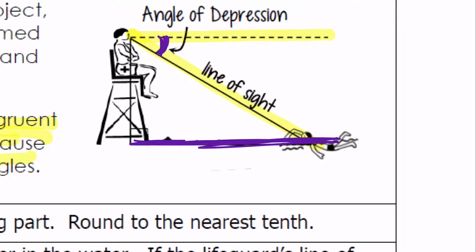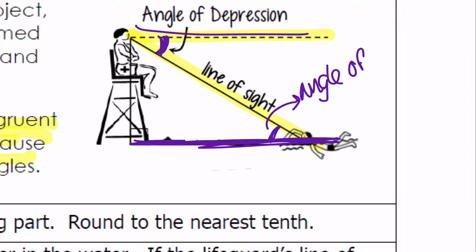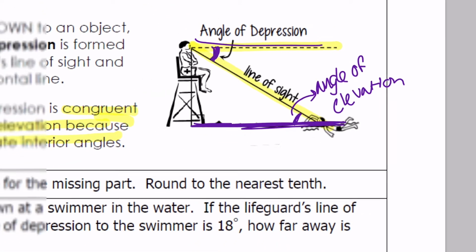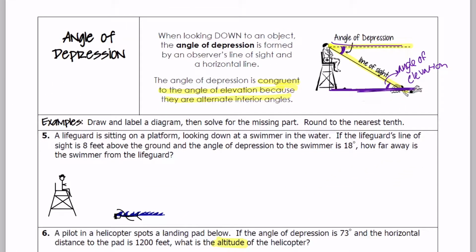That means my angle of depression and this angle here that would normally be my angle of elevation are congruent. So when you're given the angle of depression, you're essentially given the angle of elevation.